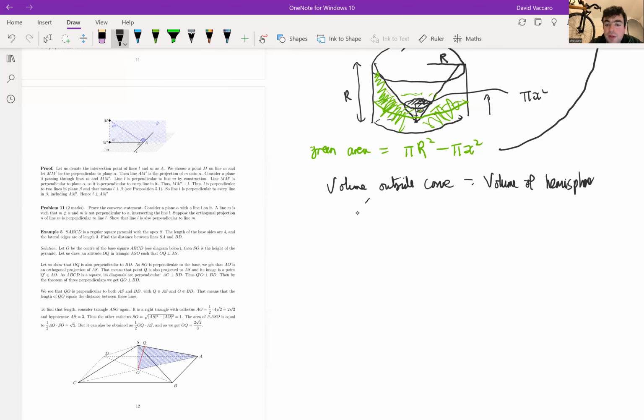But the volume outside of the cone is the volume of the cylinder minus the volume of the cone.